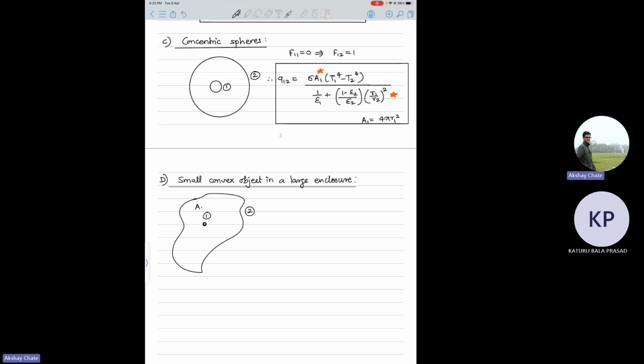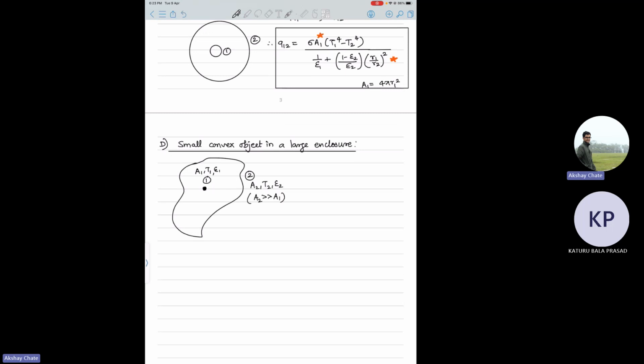Similarly, A1, T1 and epsilon 1 are the area, temperature and emissivity of the small convex object 1, and for the room, it will be a large room, so its surface area will be very much bigger than the object area. Here also nothing changes, you write the same expression and take A1 common.